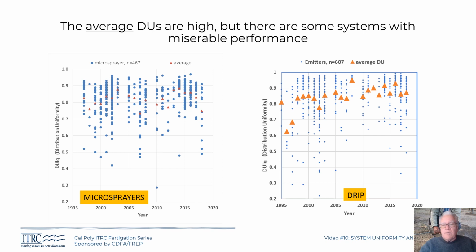You will notice, however, that some are really lousy. In other words, an average is just an average. That means half of them are higher and half of them are lower. And keep in mind that the reason I'm talking about this right now is that if you apply water with a lousy DU, you also apply your fertilizer with a lousy DU.